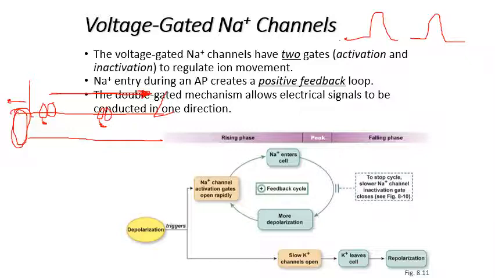But at the trigger zone, the opening of this sodium channel, we have a rush of sodium coming in. That's going to depolarize the membrane. It goes up to positive 30, so it should be able to depolarize the next stretch of channels in line.